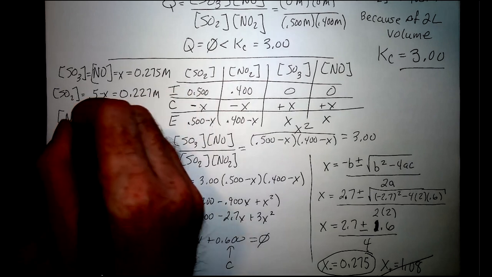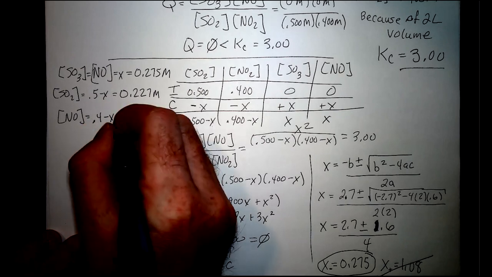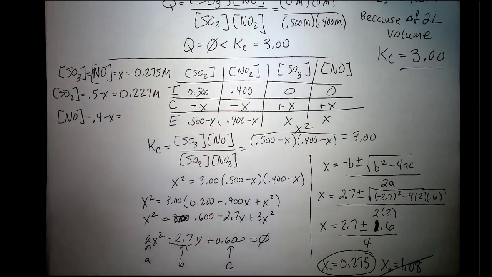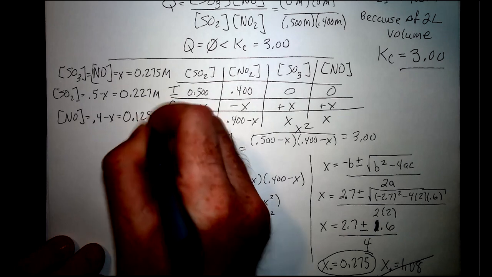The concentration of NO2 is 0.4 minus x, so 0.4 minus 0.275 is 0.125 molar.